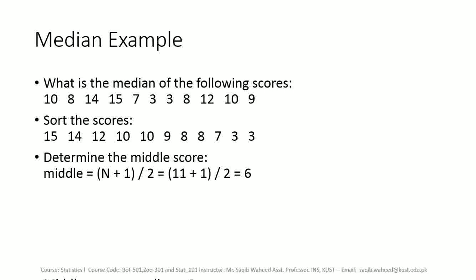Now we are finding the 6th term. 15 is the first term, 14 is the second term, 12 is the third term, 10 is the fourth term, 10 is the fifth term, and 9 is the sixth term. So the middle score, or median, from the given data is 9.